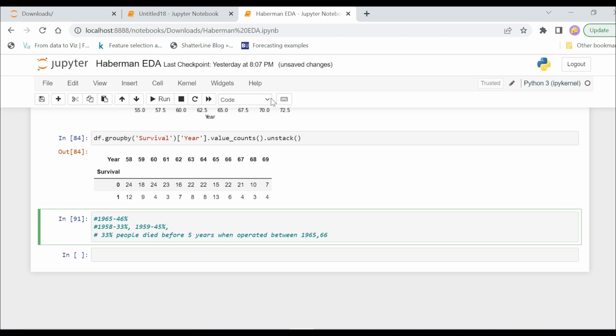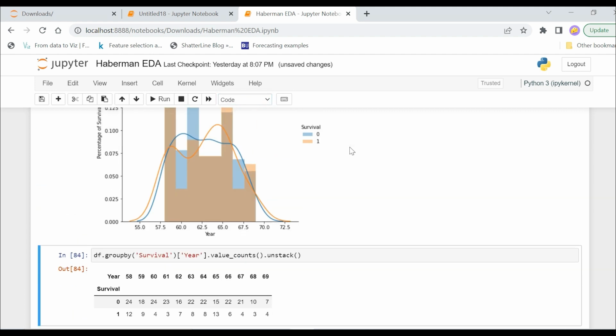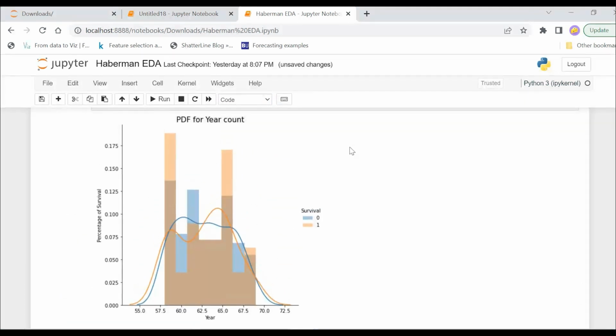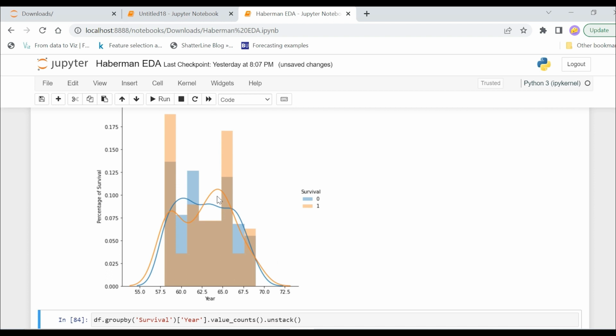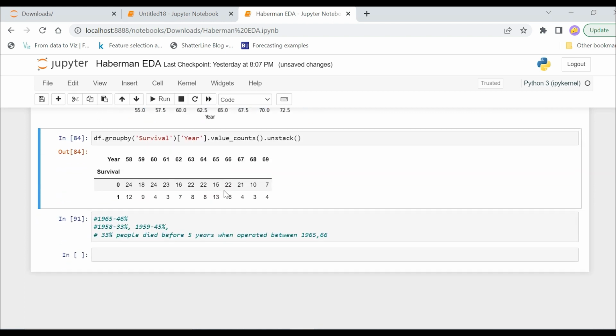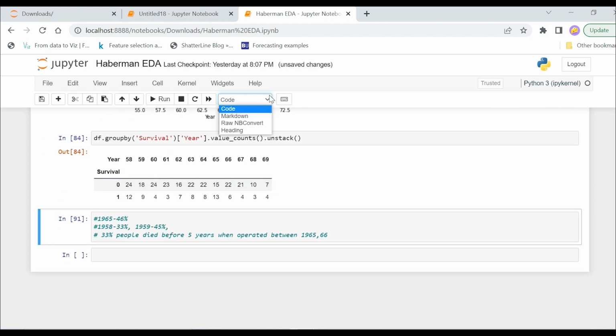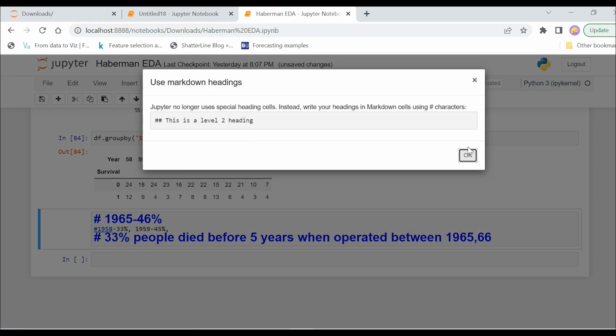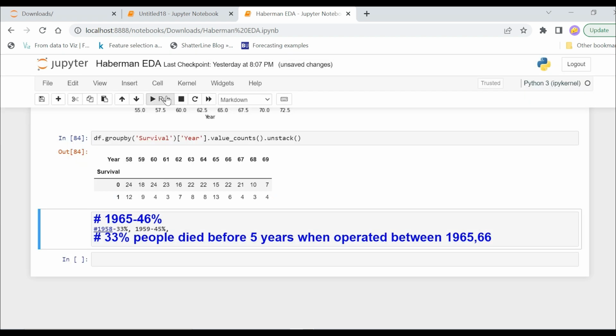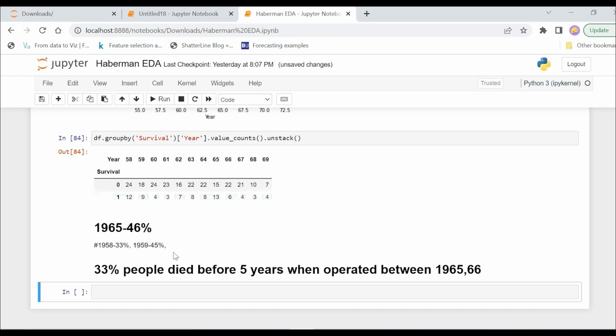You can also highlight this. Maximum is this part. So this you can actually convert into heading. 46%. So this is a very good information which can be used.